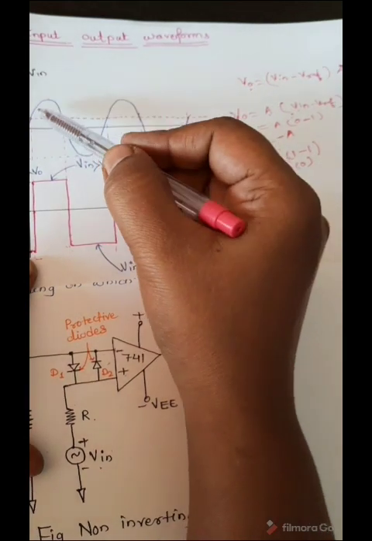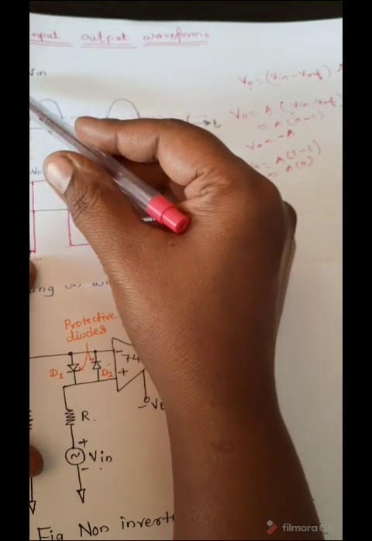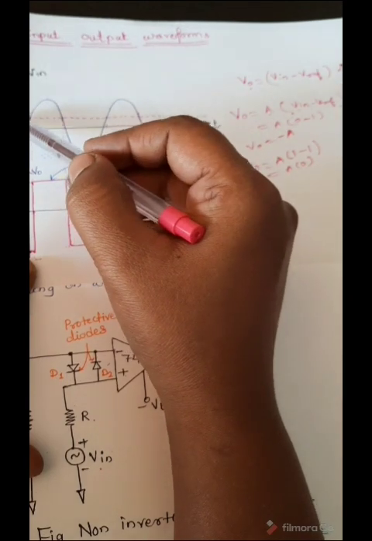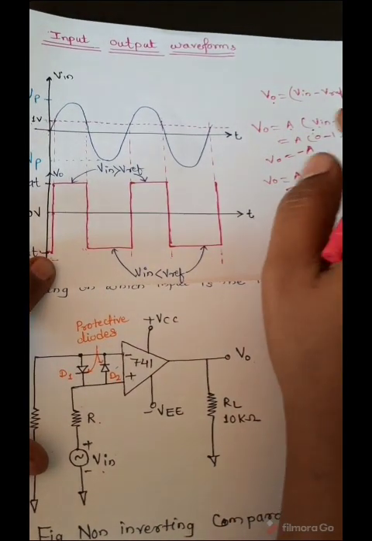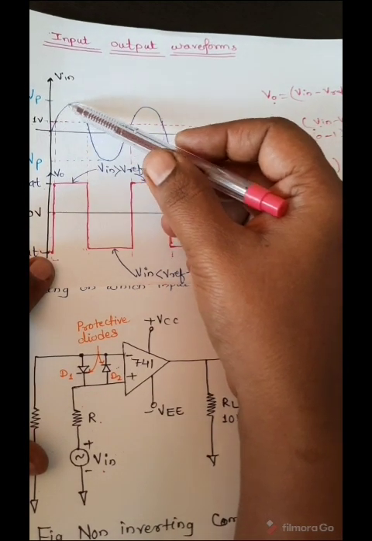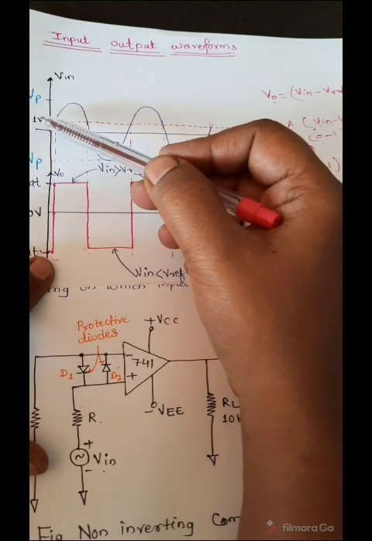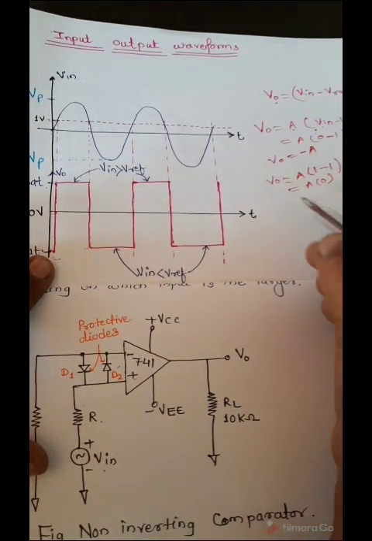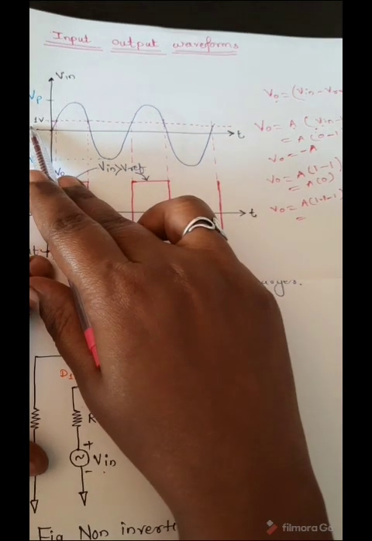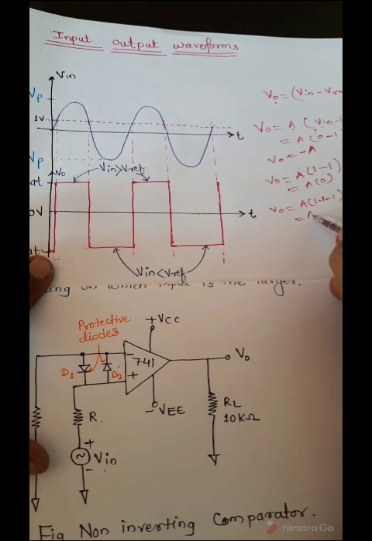After that the input signal keeps increasing towards the positive peak Vp. At the instant the input voltage becomes greater than the reference voltage of plus 1, suppose my input signal is 1.1 volts and the fixed reference voltage is 1 volt, the output is A times 0.1.